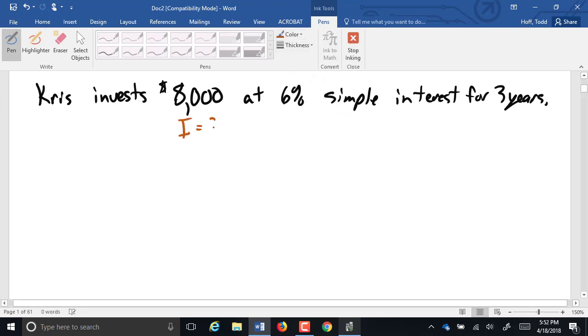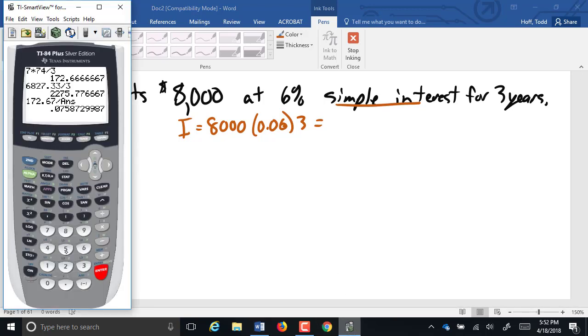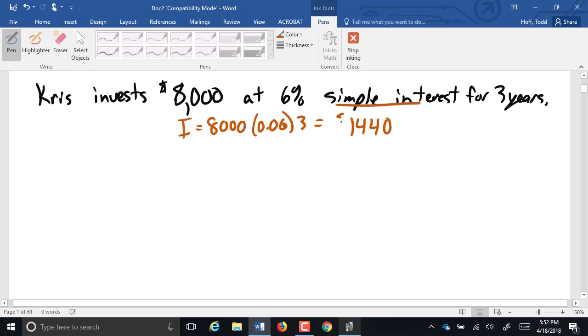Well, the interest, this says simple interest, so we're still using that simple interest formula, is 8,000 times 0.06 times 3. Ends up being $1,440 in interest, which means the maturity value or the future value is $8,000 plus that interest of $1,440, so $9,440.